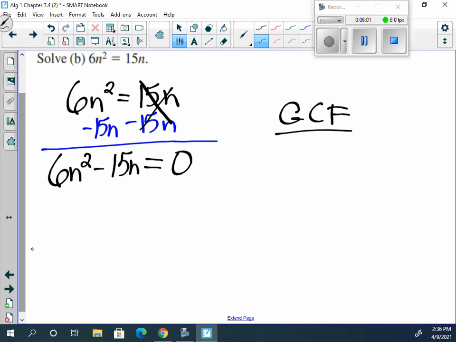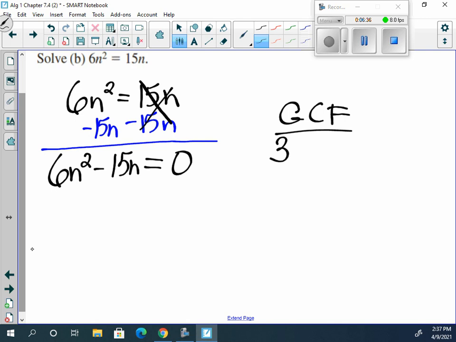And now we're going to do what we just did. We're going to find out what the greatest common factor between these two is. What we can factor out. So looking at 6 and 15, what is the biggest number that will divide into both 6 and 15? 3. Because unfortunately 15 won't divide by 2 and give us a whole number.